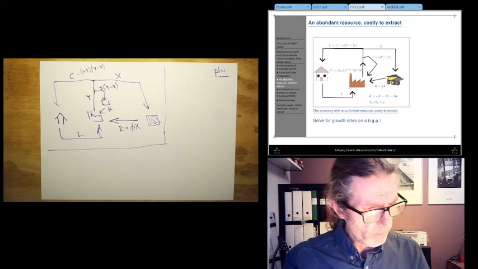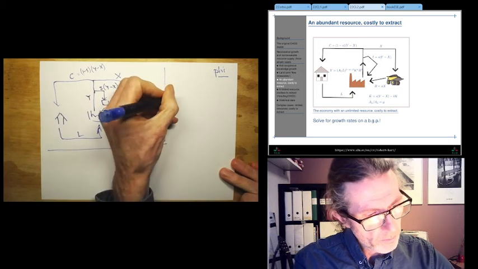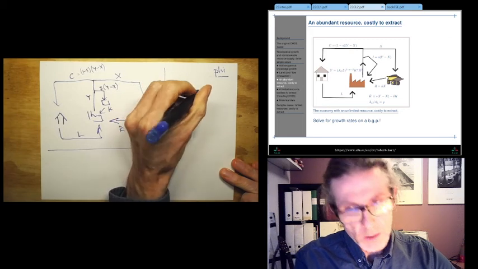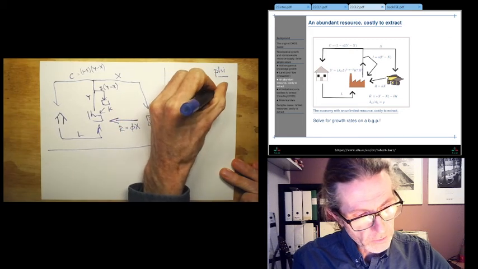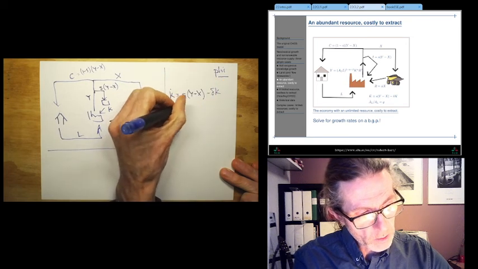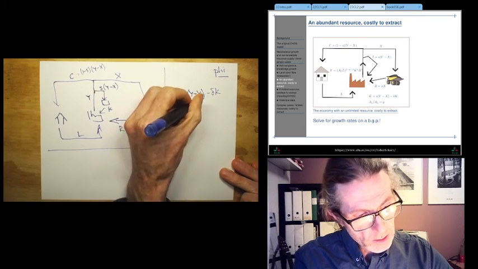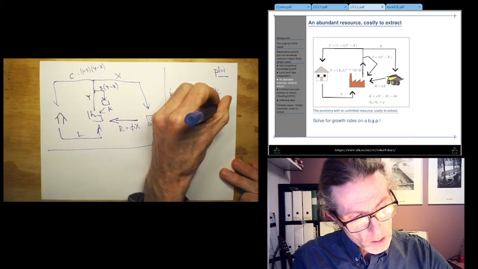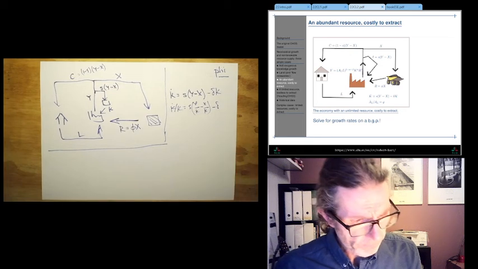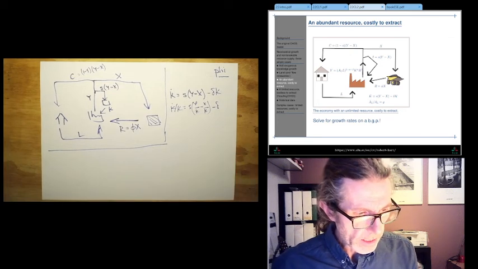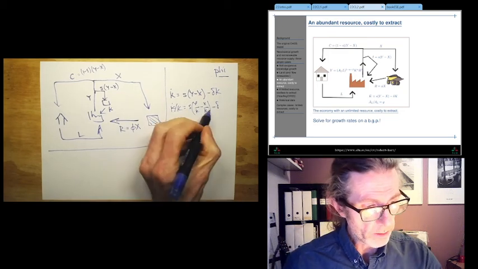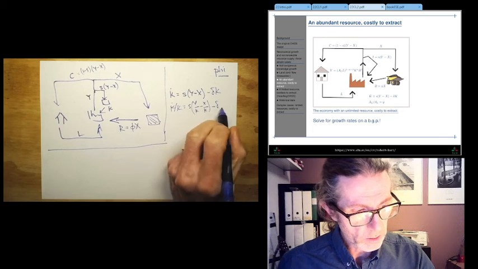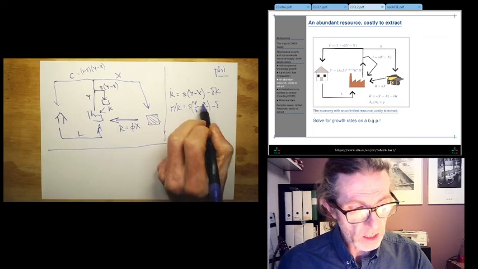And we know that K dot is S times (Y minus X) minus delta K. So K dot over K is S Y over K minus S X over K minus delta. Now we need K dot over K to be constant, so delta is constant, S is constant, we need this thing to be constant.